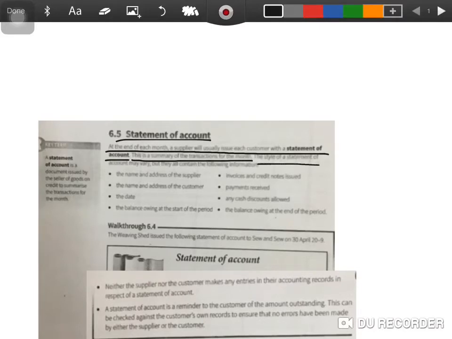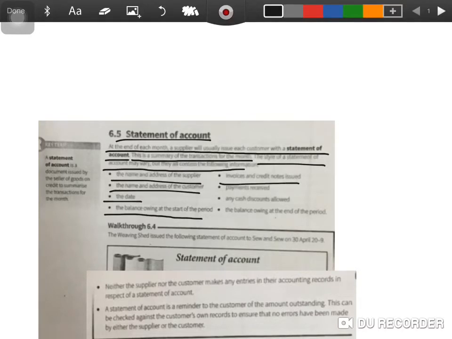The style of a statement of account may vary, but they will contain the following information. Usually they have the name and address of the supplier, the name and address of the customer, the date, the balance owing at the start of the period, then invoices and credit notes issued, any payments that were received during the accounting period, any cash discounts that were allowed, and finally the balance which is owing at the end of the accounting period.